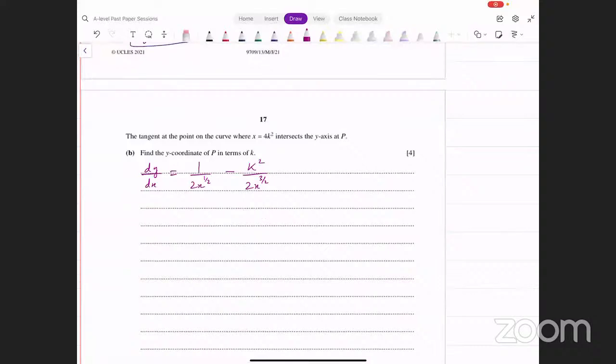हम क्या करेंगे, इसके अंदर हम x की वैल्यू इनपुट कर देते हैं 4k स्क्वायर. Let's see what that gives you.